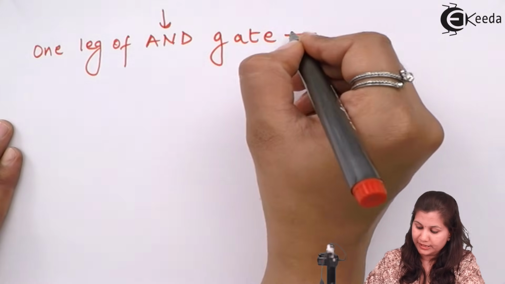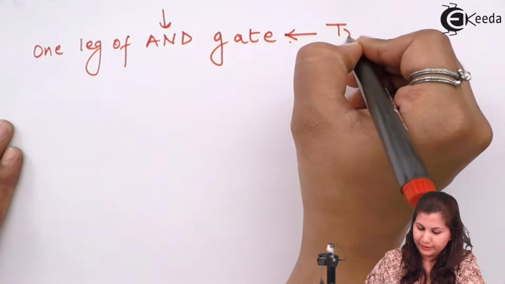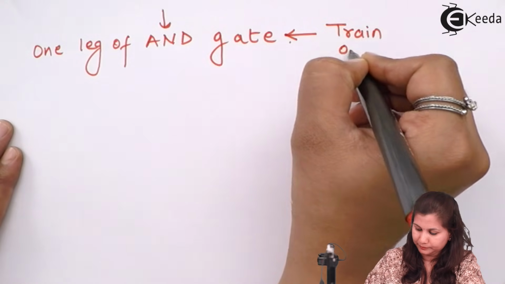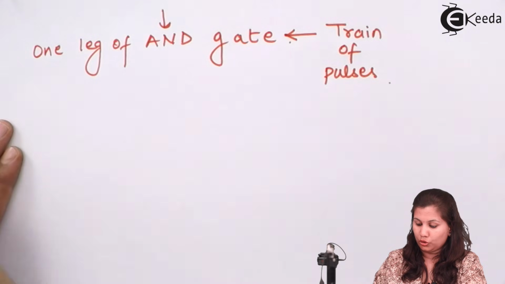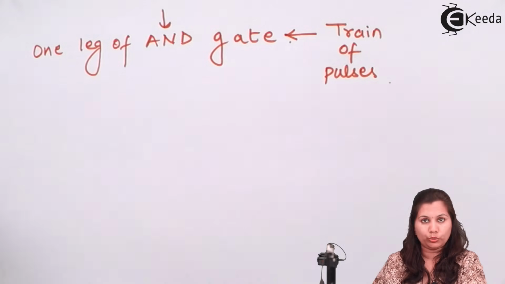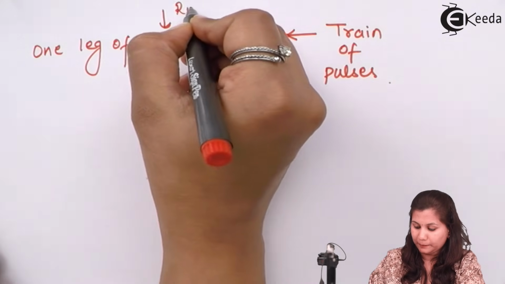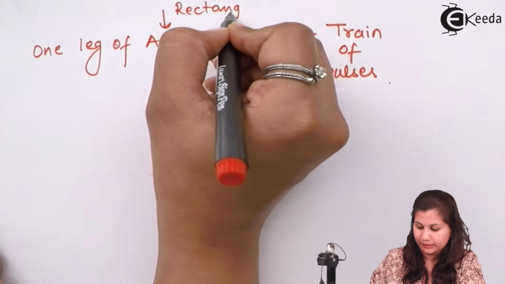Another input to this AND gate is a train of pulses. So the AND gate has two inputs: one is the rectangular pulse and the second is the train of pulses.